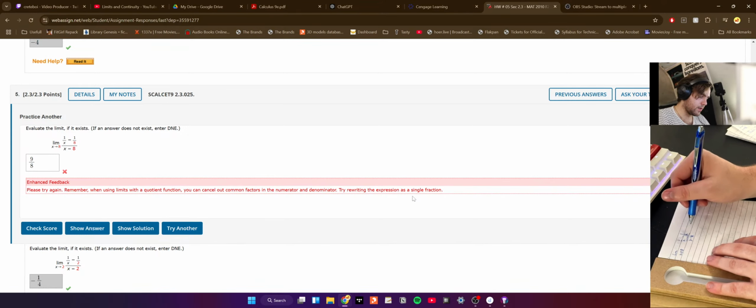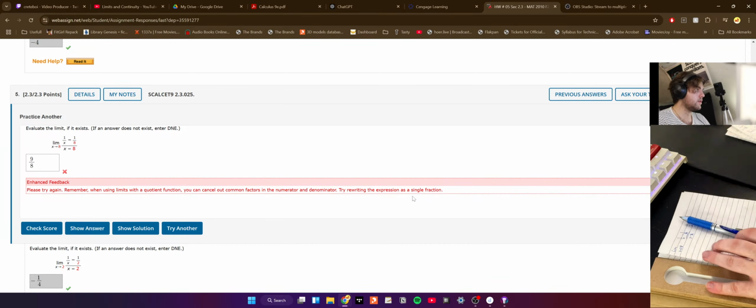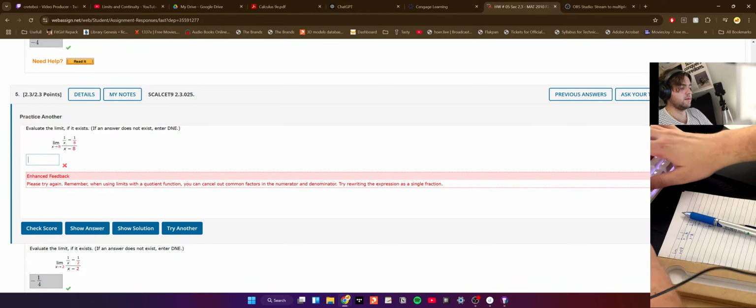So is it saying I can do that? 1 over x minus 1 over x. Does that give us 1/8 minus 1 over 8? Does that give us negative 7/8 over 8? I don't know.